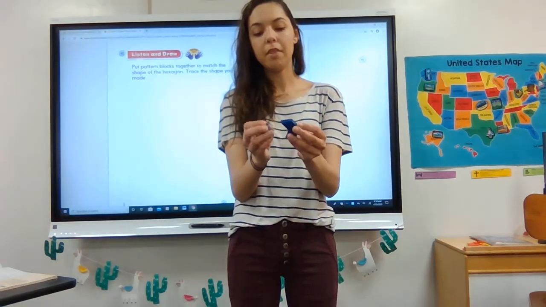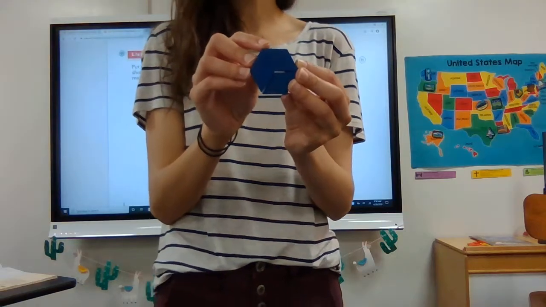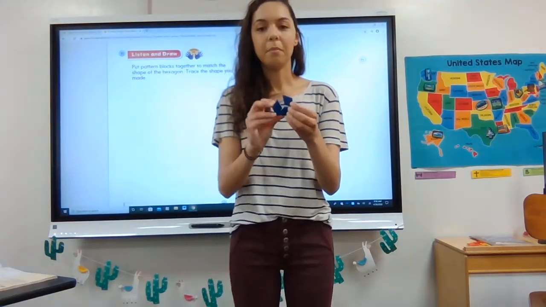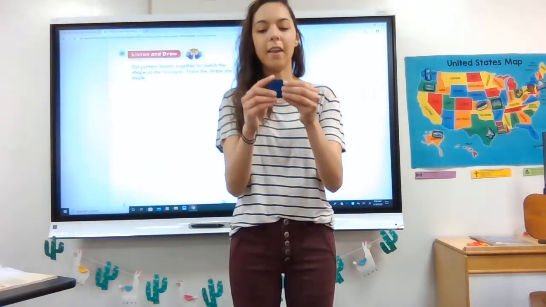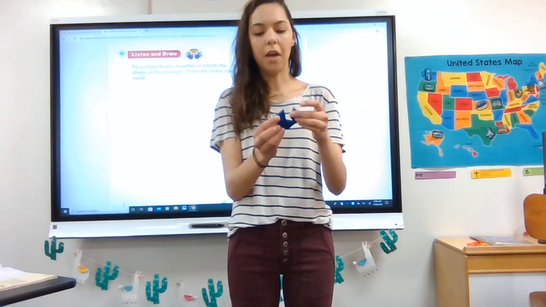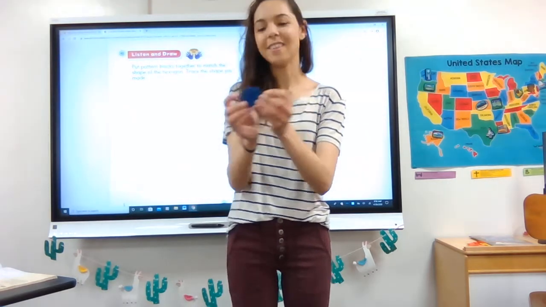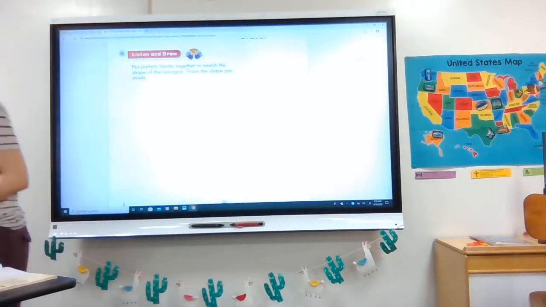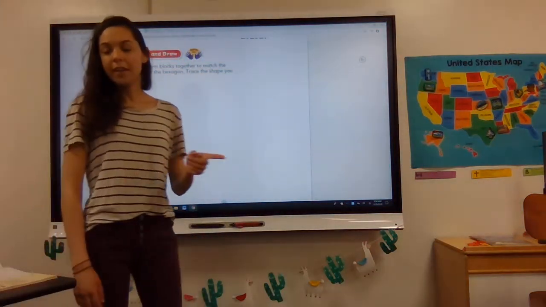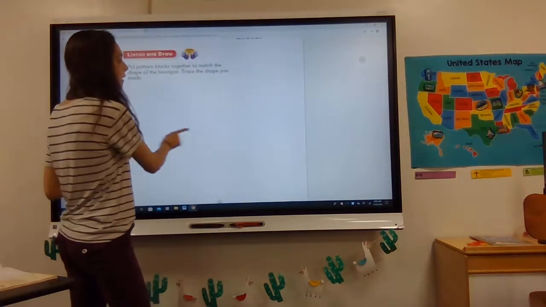Okay, and if I put them together, I have made a hexagon. See? My pieces I put together and I made a hexagon. I have 6 sides and 6 vertices. Whoa! All right, so you want to make sure that you've put them together and you've traced your object on the page, okay? All right, when you're done with that, I'm going to move on to page 748.